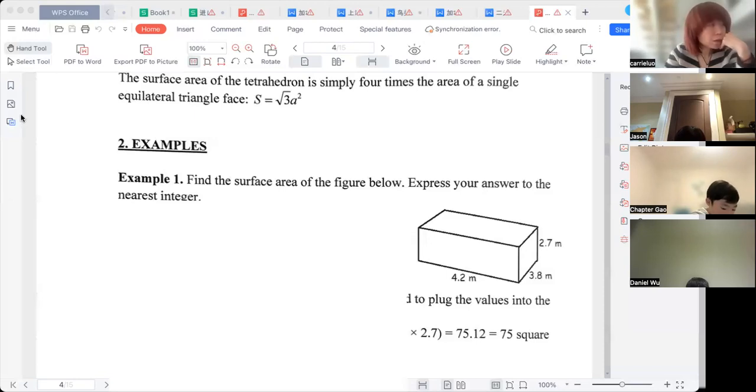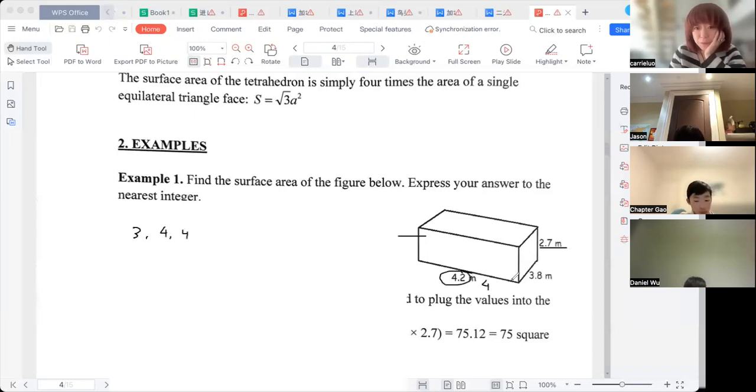Okay, so everybody, let's take a look at this one. Because it's to the nearest integer, and Jason has asked me if he could use the calculator. Because we're doing the integer, we can just use 3, 4, and 4.